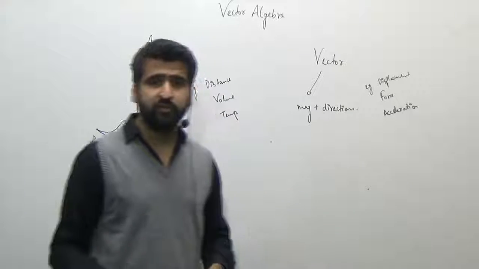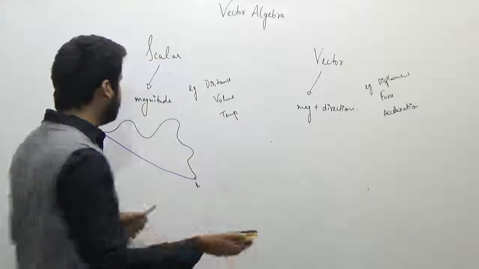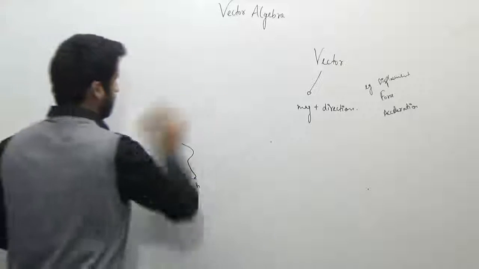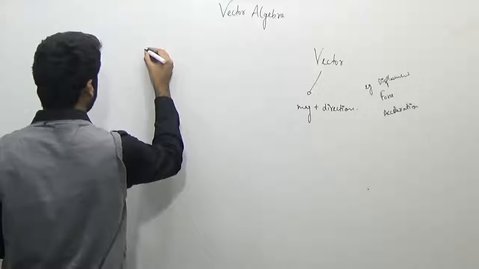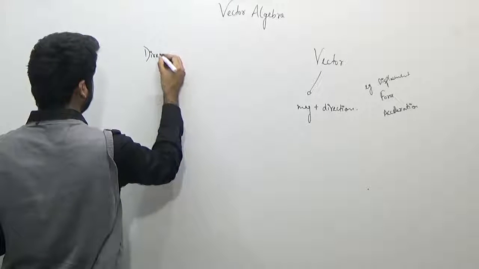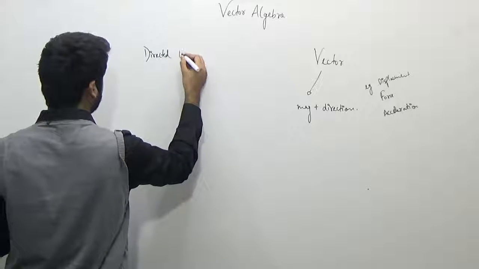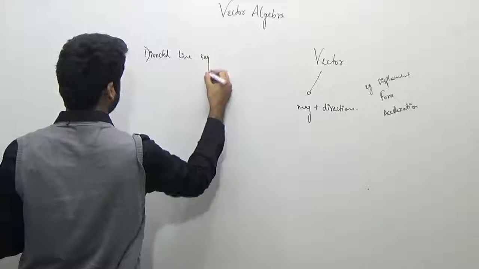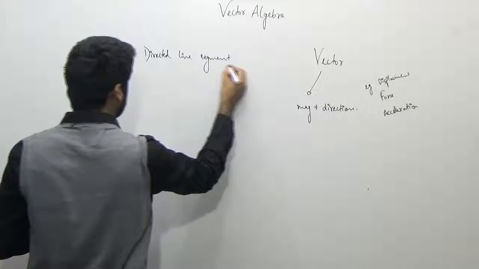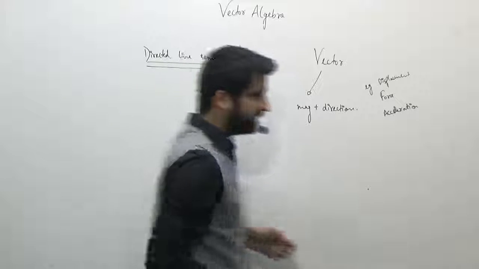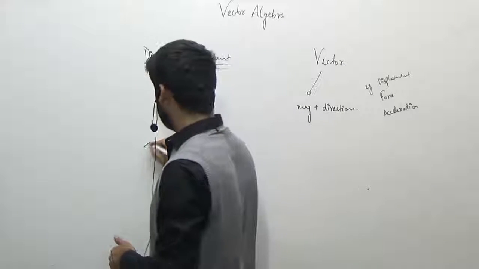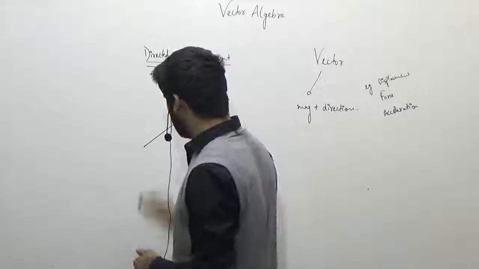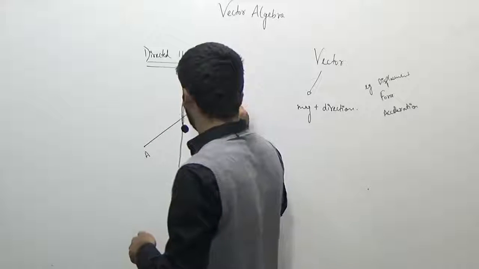Now how to represent a vector? Vectors are usually represented by a directed line segment. This is a very important term, directed line segment. What do we mean by directed line segment? Like this. It is a line segment which has 2 points, right?